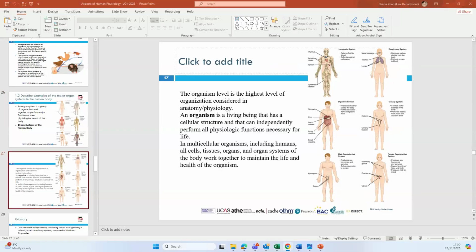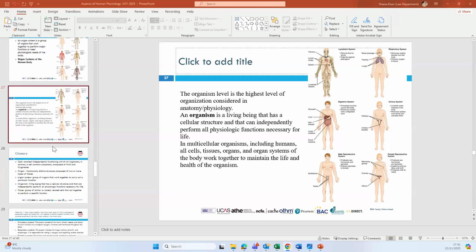So the organism is a living being that has cellular structure and can independently perform any physiological functions necessary for life. It's really important to have these in place when the organs need to work together. Can all organs work separately, or do they need to work together to perform some function? They have to work together, don't they, Faustina?